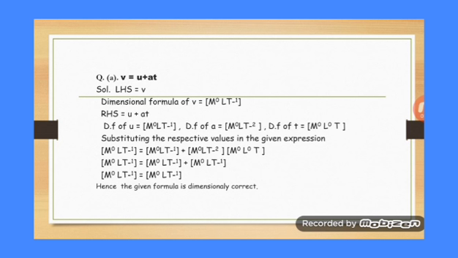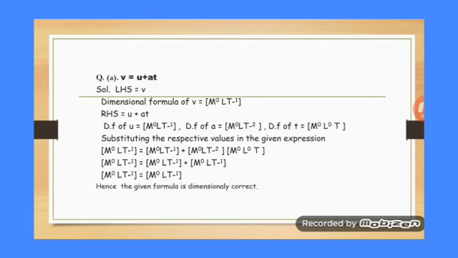On solving this we get M⁰LT⁻¹. So on both sides of the equation you can see the same dimension: M⁰LT⁻¹, M⁰LT⁻¹, M⁰LT⁻¹. According to the principle of homogeneity, the dimensions on the left side and the right hand side are equal. Therefore, the given formula is correct.